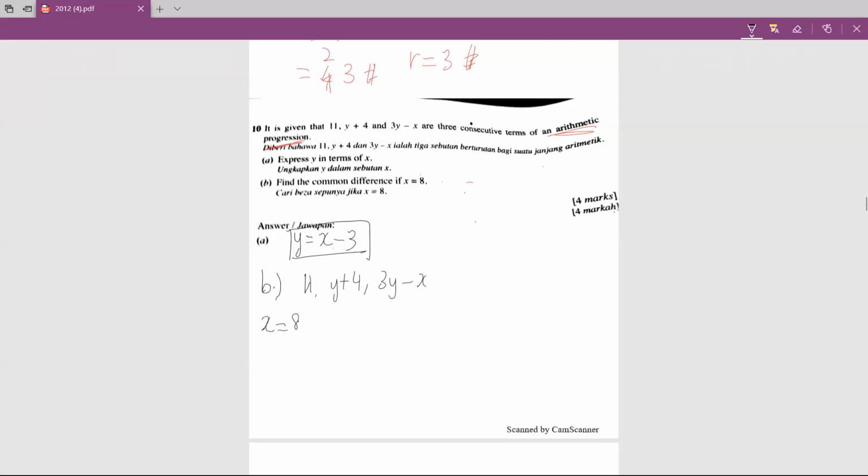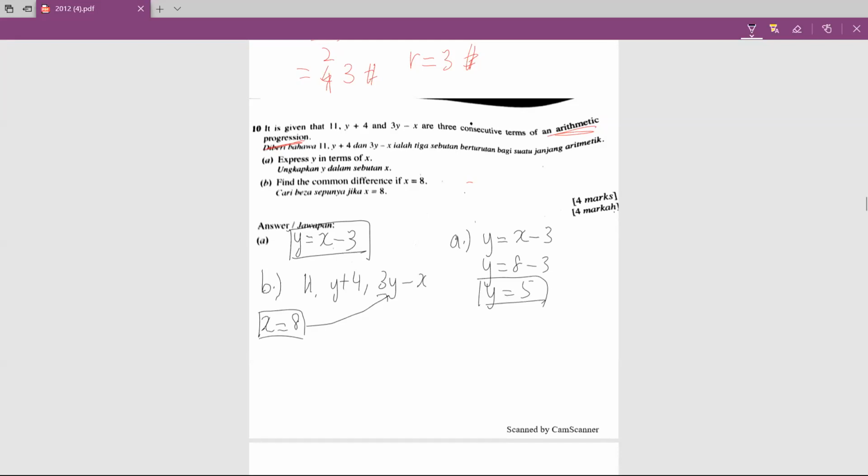Because now, semua ada unknown, right? If we apply x equals to 8 dalam ni pun, still ada unknown y. So, kita guna the answer in the first equation. First equation dah kata y equals x minus 3. Sekarang, x dah tahu 8. So, kita kata y equals to 8 minus 3. So, y is equals to 5. Dah. Kita dah ada value bagi kedua-dua unknown.